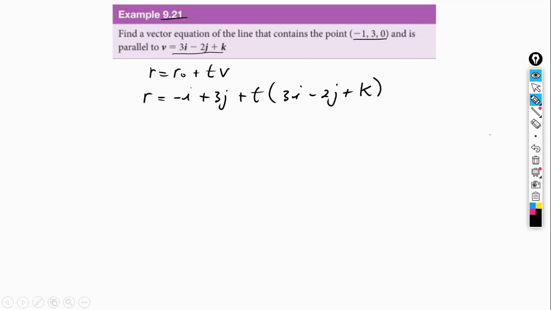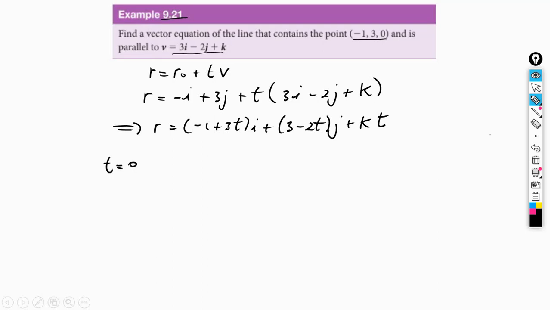Now notice that we can rewrite this as r is equal to (minus 1 plus 3t)i plus (3 minus 2t)j plus kt. So notice that if t is equal to 0, then the equation gives us the point (-1, 3).